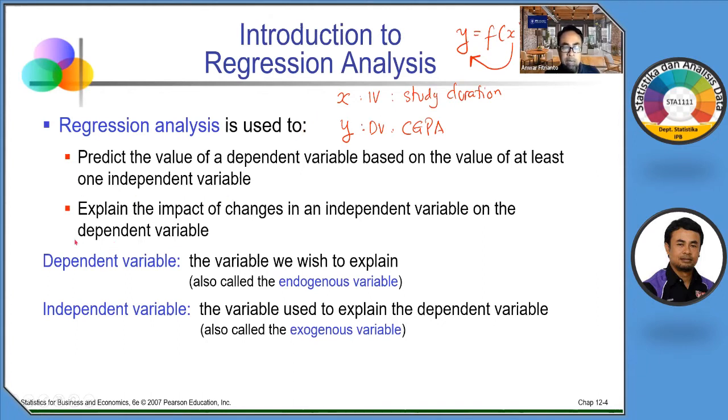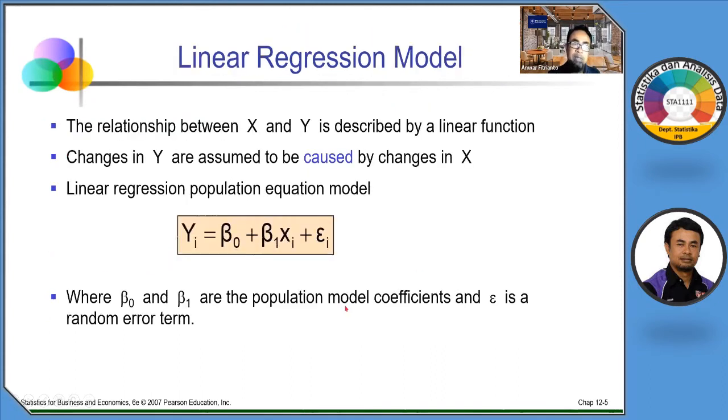As I informed you here, it is to explain the impact or influence of the changes in the independent variable on the dependent variable. Just like what I have explained, this is the relationship between these two variables.